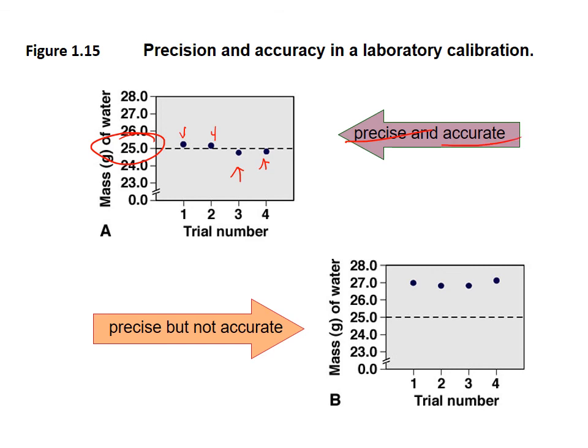Precise means the measured values are close to each other, and accurate because they are close to the actual value. Now, in the second experiment, the 4 measurements are close to each other, so good precision, but they are far away from the actual value, so not accurate. Good precision but not accurate.